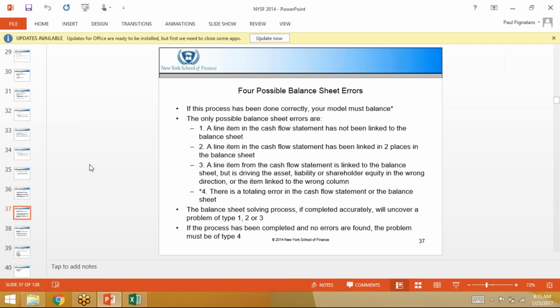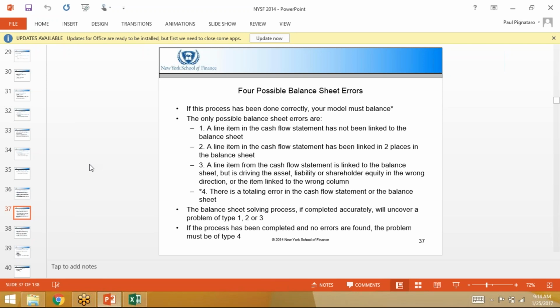Number 3, maybe the cash flow statement line item is linked into the right balance sheet line item, but it's going the wrong way, or it's linking from the wrong column. This is where the structure and formula that I've explained to you would help avoid that problem. The first term should always be the year before.